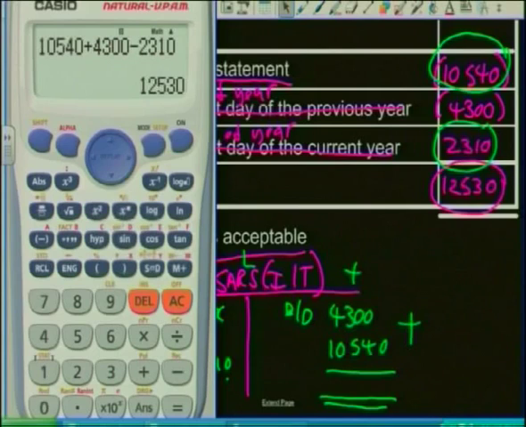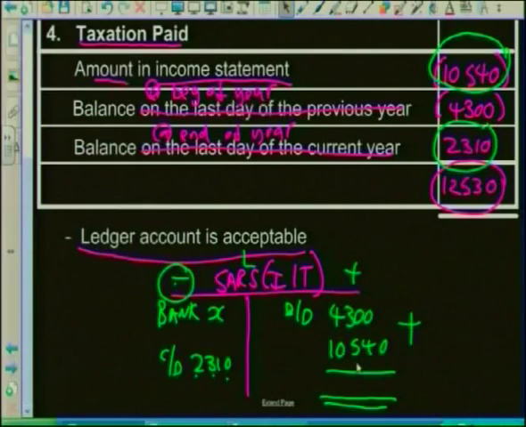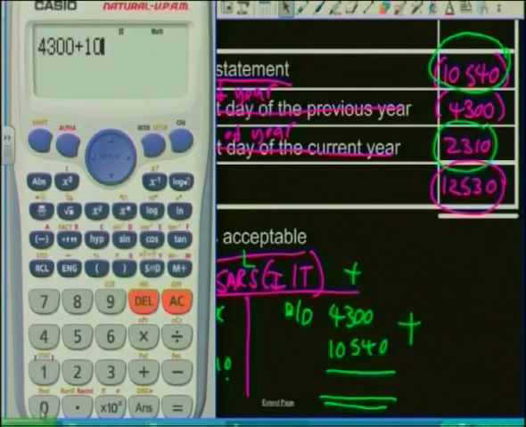If I take out my calculator and do this calculation, we're taking 4,300 on the credit side, adding 10,540, and then subtracting 2,310, and there we go. The amount paid to SARS, 12,530, the exact same amount that I've got in my note. Now remember guys, like I said, it's a choice. You can decide, do you want to do the ledger account or do you prefer to use the note?